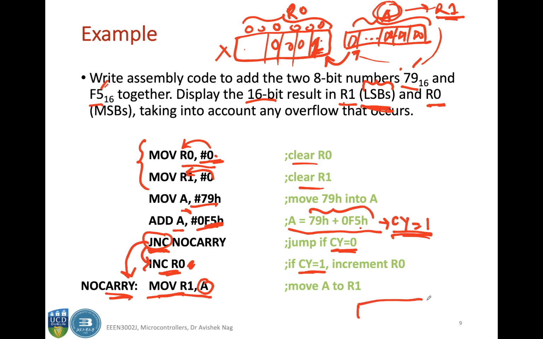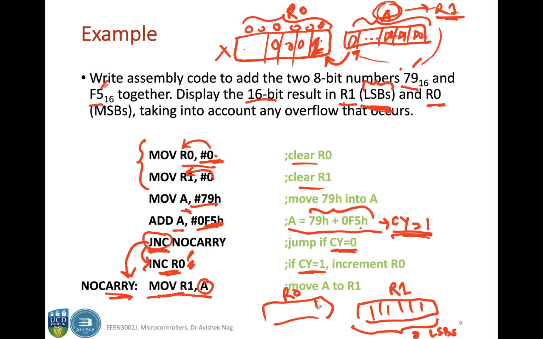So your R1 will have the 8 LSBs of your addition, and let's say this is your R0, and because of this your R0 will have the 8 MSBs, right? And in this case the 8 MSBs are only 1 here and the rest are 0.